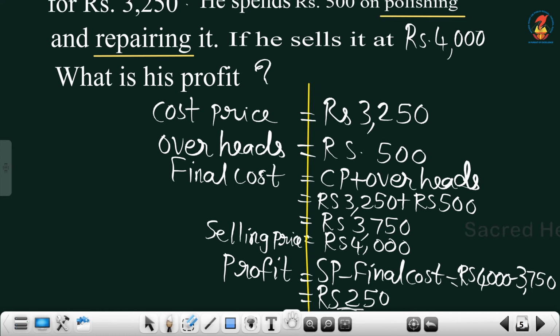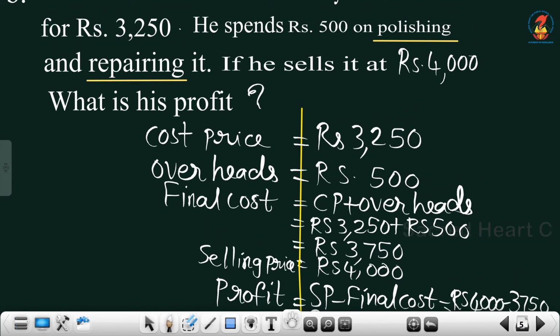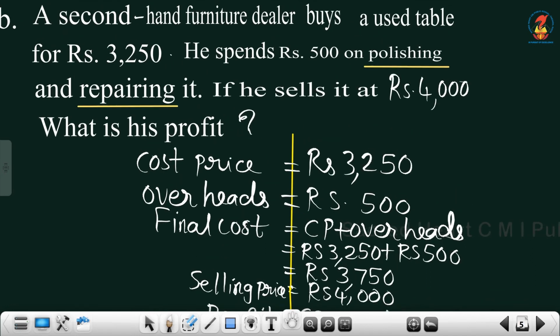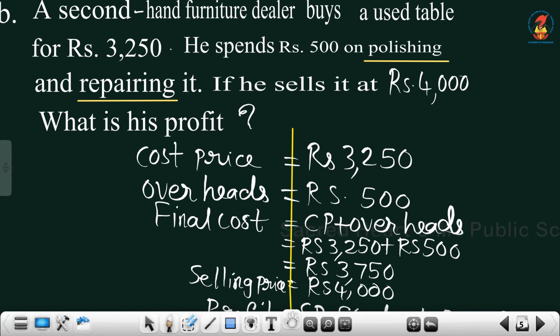I will tell you one more time. A second-hand furniture dealer buys a used table for rupees 3,250. That is cost price, CP equals 3250. After that overheads will come because of polishing and repairing, that is rupees 500, and after that final cost I need to find, CP plus overheads.